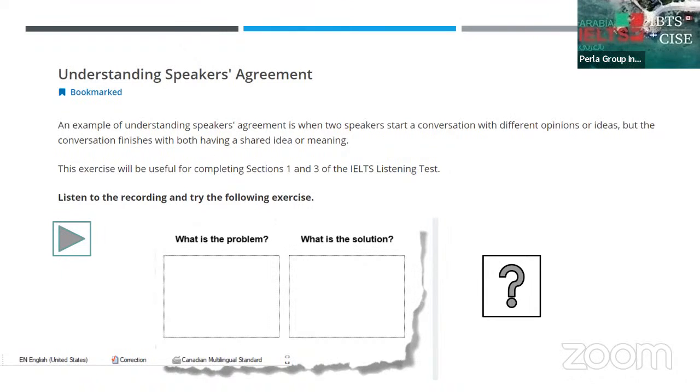That is the main problem. And then there's another problem that Bob, the male speaker, was not there at the last lecture, right? So that is also another problem. So what is the solution here? The solution was that, you can tell.